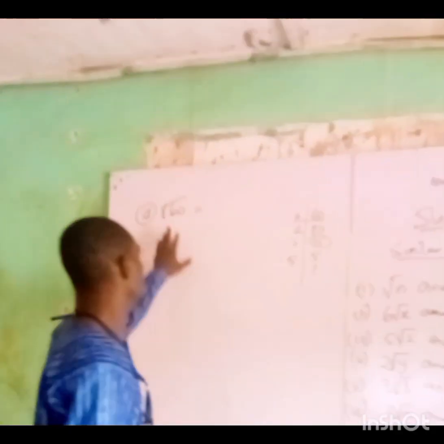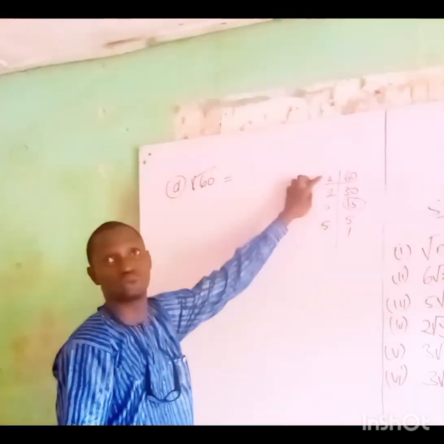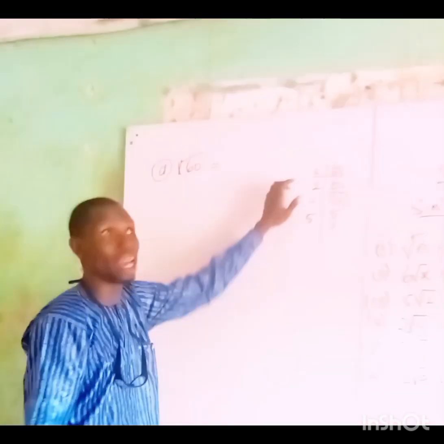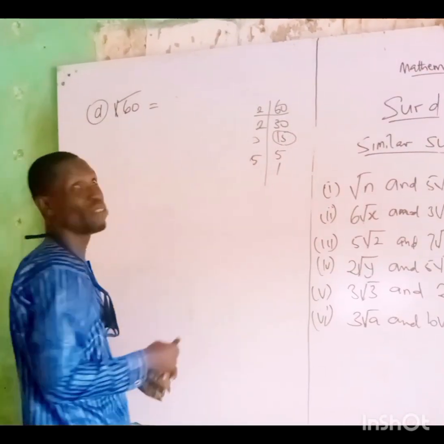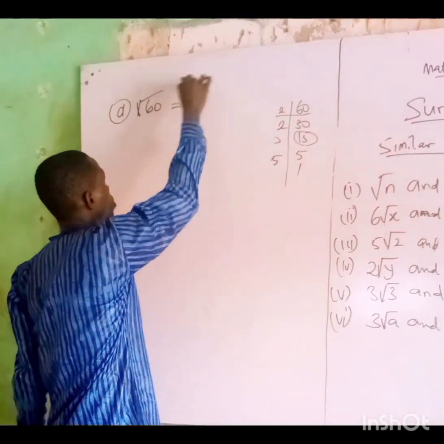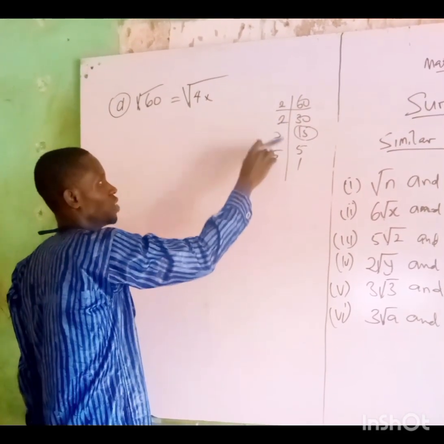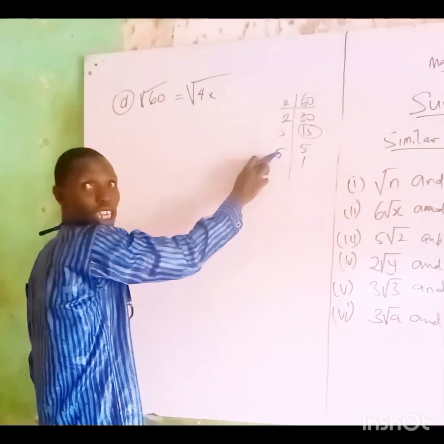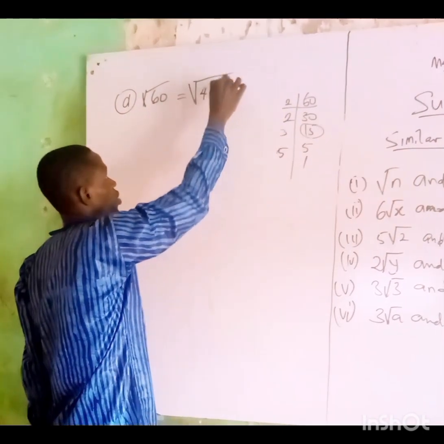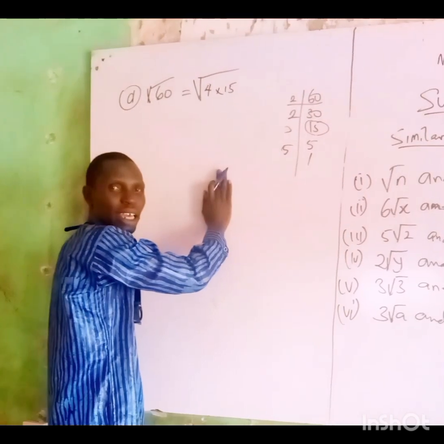Now that is why we have this. So when you come here, we have 2 and 2, they are the same. So you multiply the 2 together, so they can give us a perfect square. So the 2 now will give us 4, times the 15 that is remaining, that we cannot get a perfect square from. I hope you understand that now. You don't just pick any numbers.